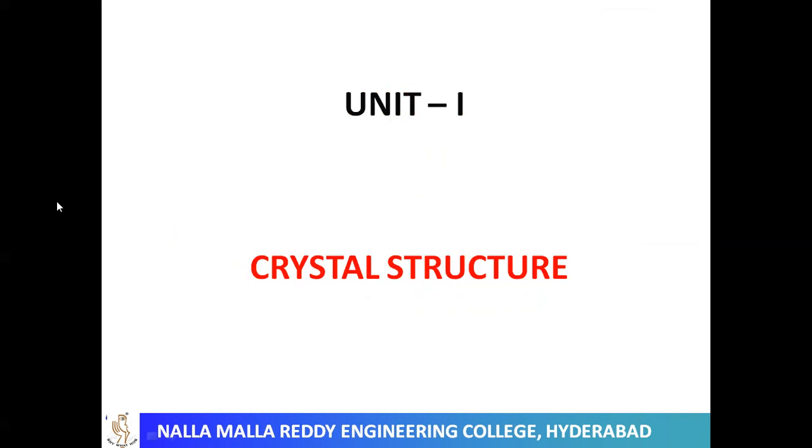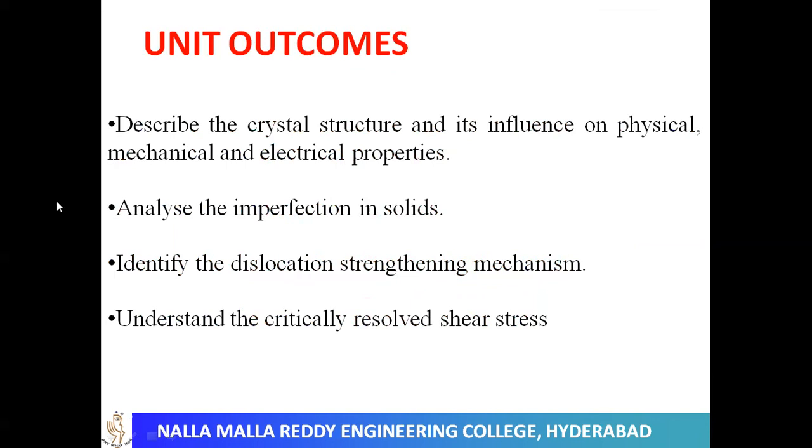So, what are the unit outcomes of crystal structures, in which we will understand what crystal structure is and its importance. Now, the unit outcomes are: first outcome, describe the crystal structure and its influence on physical, mechanical and electrical properties.